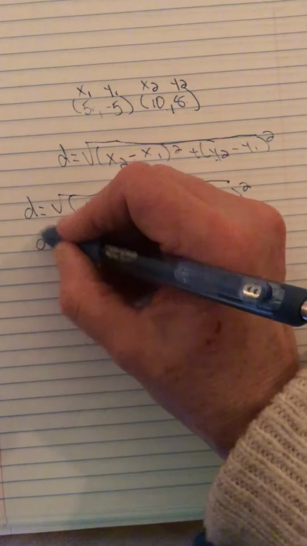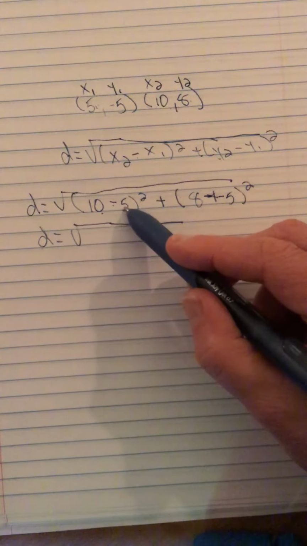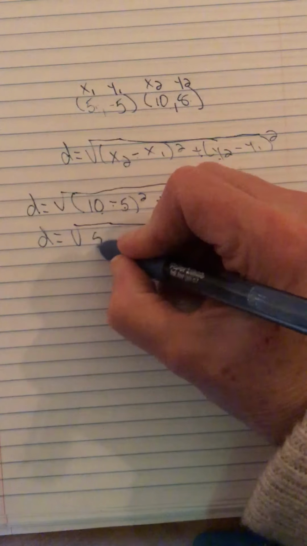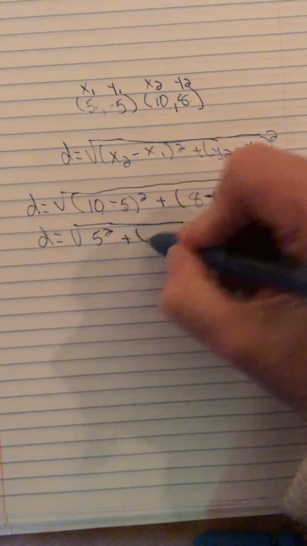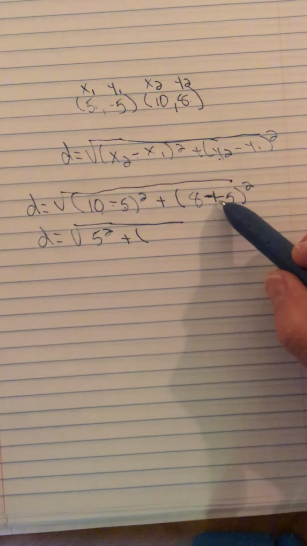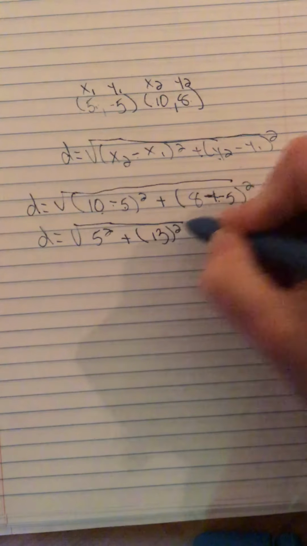And I'm going to go ahead and combine like terms now and start to simplify. D equals square root of 10 minus 5 is 5 squared. Don't lose that squared. Plus 8 plus 5 is 13 squared.